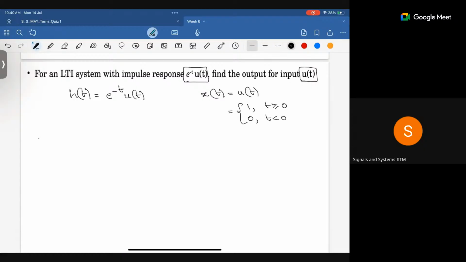The first step is to do the reversal. h of minus tau is e to the power minus, and in place of t you put minus tau. Then step 2, you have to do the shifting by t units, so in place of minus tau you put t minus tau.